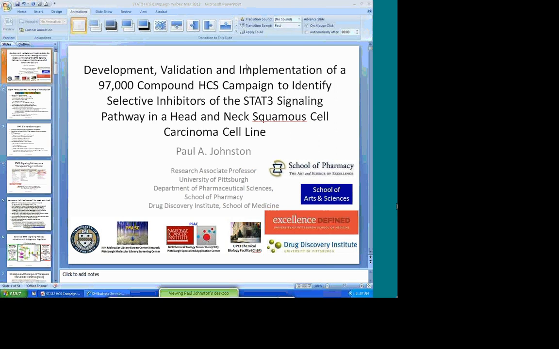Somebody asked a different question. Were STAT3 and STAT1 assays run at the same time on the same plate, or did you do them all in parallel?